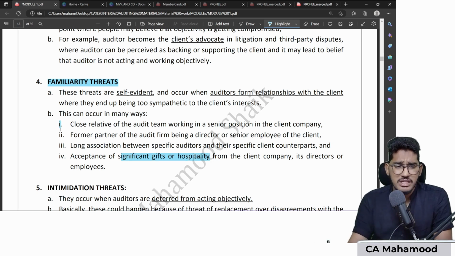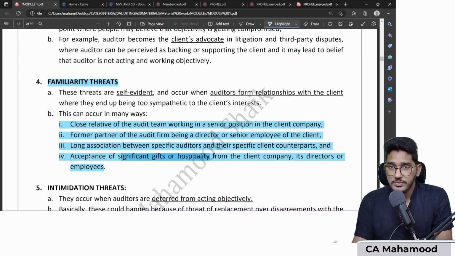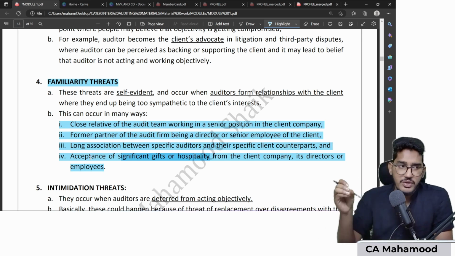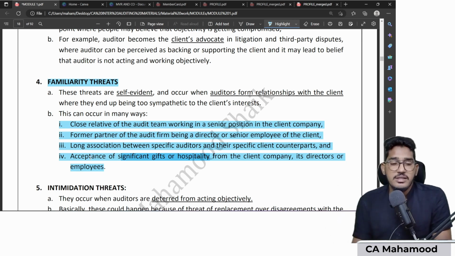Here also examples are very important, so please make sure that you go through the examples. Understood? So the conclusion is that a familiarity threat occurs when the auditor has some close association or relationship with the client being audited.